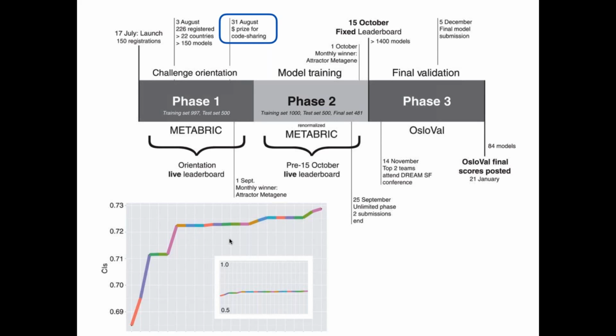And I mentioned one of the important things about these analytical challenges is that it provides an assessment of a diverse set of analytical approaches. And by encouraging this code sharing early on, what we did is we unintentionally narrowed the space of the methods that were being assessed.